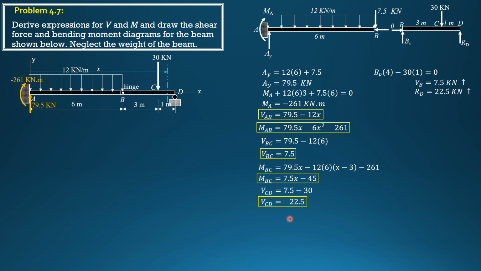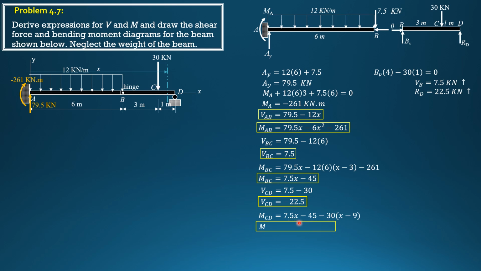It is also constant. And for moment, previous minus the moment of this 30 kilonewton load, this distance is x minus 9. 6 plus 3 is 9. So moment CD is previous moment 7.5x minus 45, then minus the new moment of this 30 kilonewton load, 30 times x minus 9.